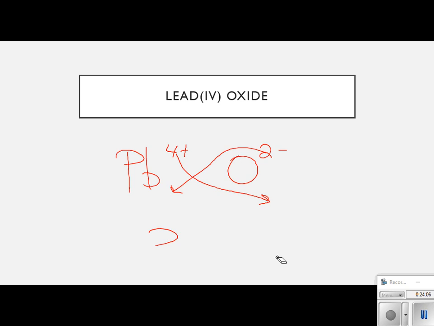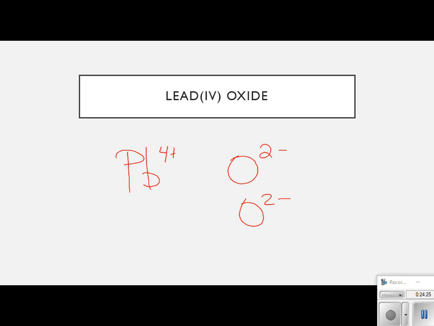Now, this is an instance where the crisscross does not work. Let's go back to what we just had. What is my least common multiple here? 4, right? So I'm going to need 2 of those to get to 4.